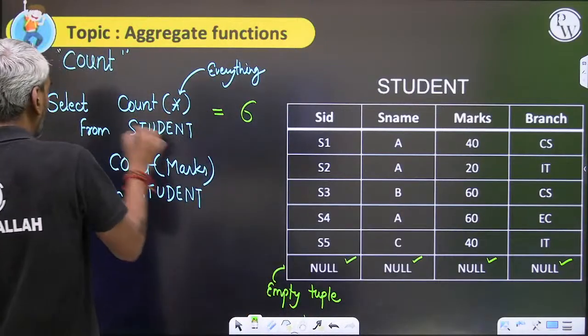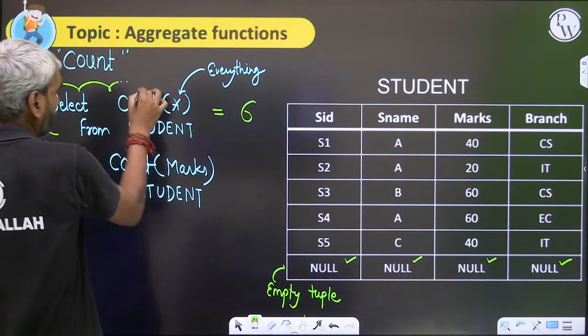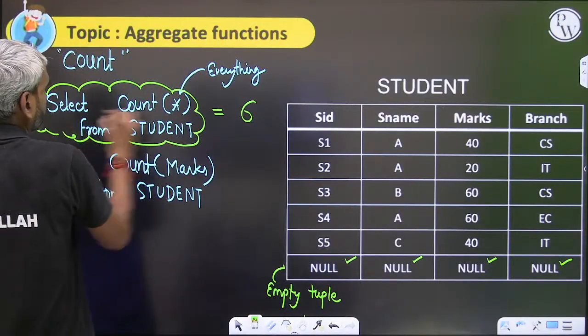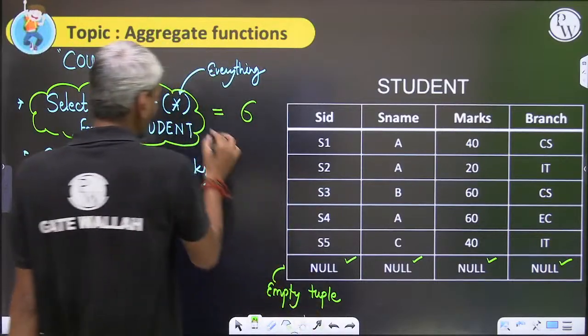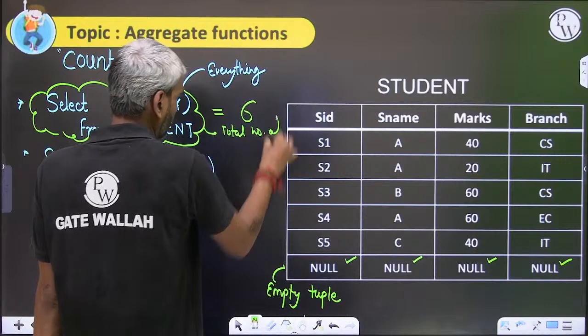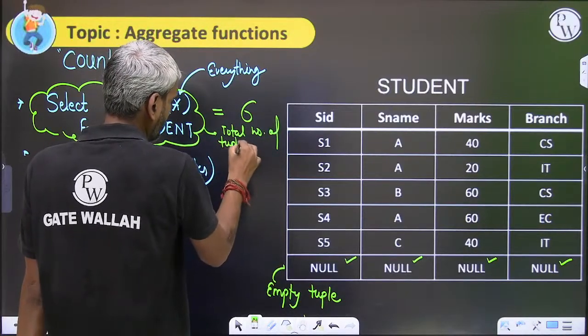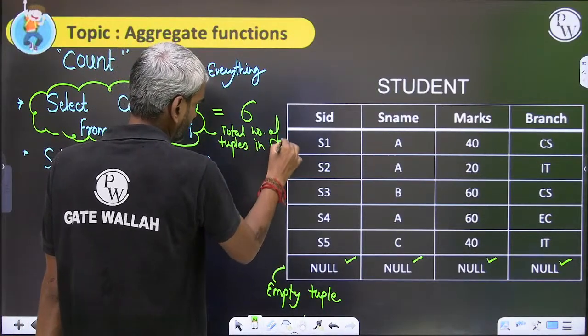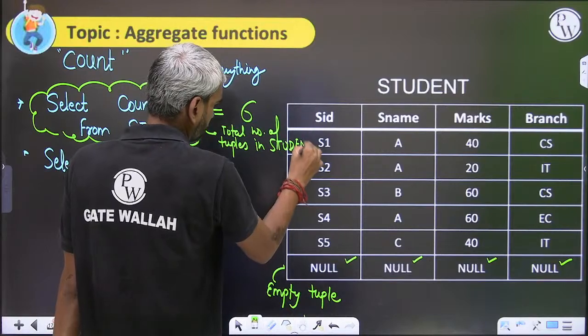The output of the first query will be the total number of tuples in student.